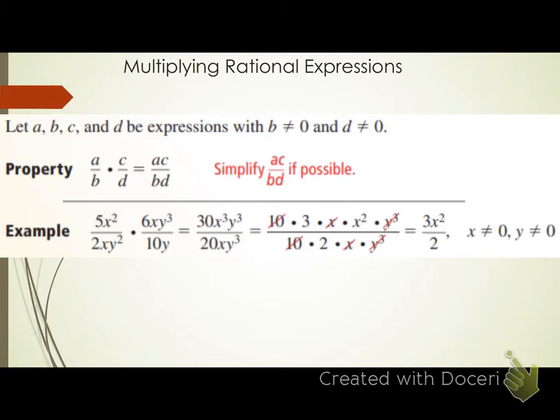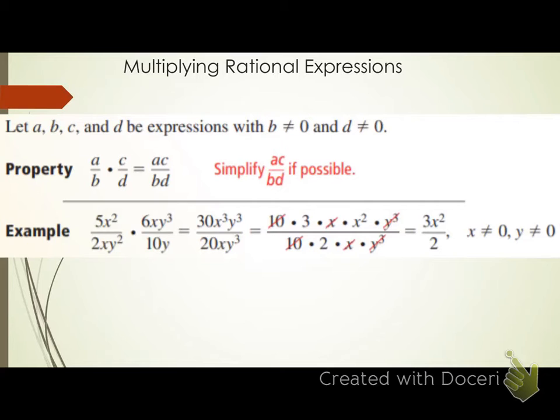And here's a nice little example for us. Multiplying straight across. 5 times 6 gives me 30. We're also bringing in our properties of exponents. If we multiply something with the same base, add your exponents. So x squared times x would be x to the third. And then that y cubed is not multiplying by another y, so it stays as y cubed.